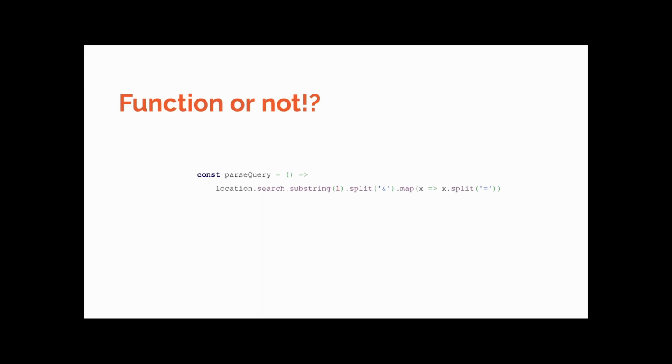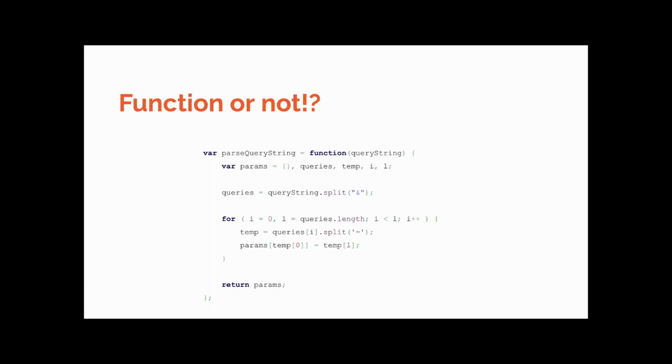We don't have an input here at all, and this could produce something different. Like if the browser APIs change, location could be acting differently. There's no input, but it could have an output. And again, we don't know what location search is. So to make this a function, we would have to send location search as an argument into this function.